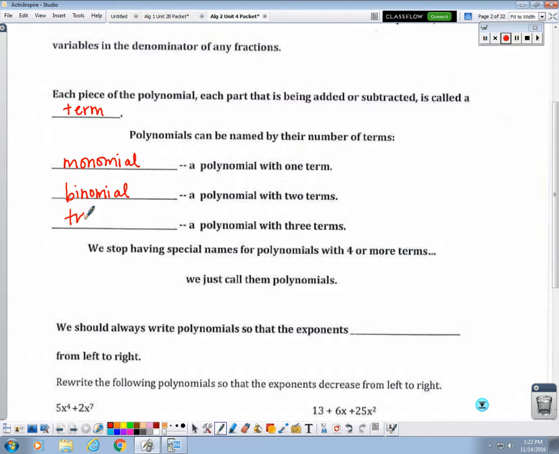Trinomial. Okay, so all three of those are polynomials. It's just that they have a specific name for a one-term polynomial, a specific name for a two-term polynomial, and a specific name for a three-term. If it is larger than three terms, we just call them polynomials. And sometimes your teacher will ask you to specify polynomial with 4 terms, or however many terms it has. Okay?